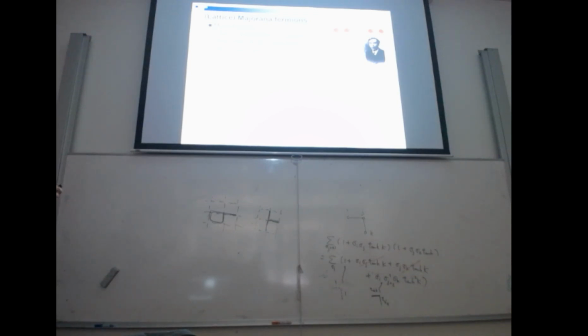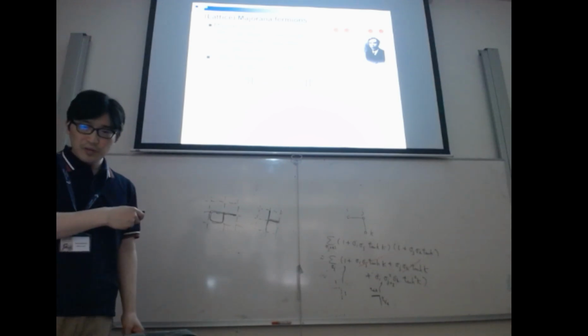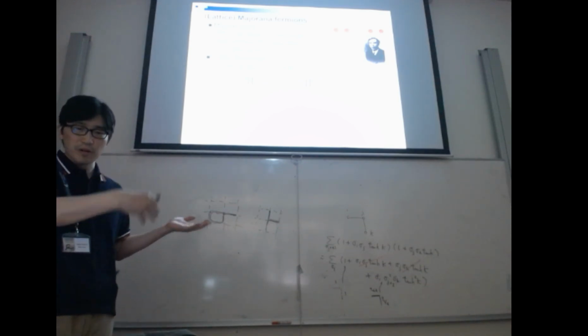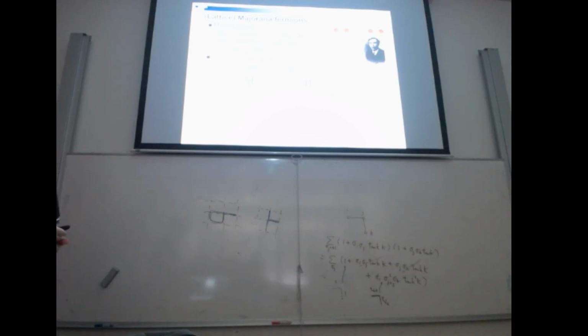And you can define the fermion parity by the product of these gamma operators this way. And then, actually, you can find the connection to spins. So, yesterday and so far, I've been talking about mostly spin models, but you can express these Majorana fermions in terms of the spin operators.